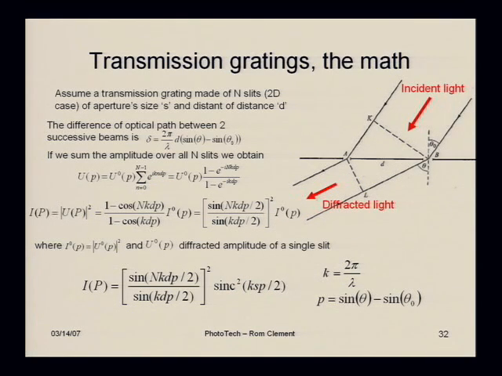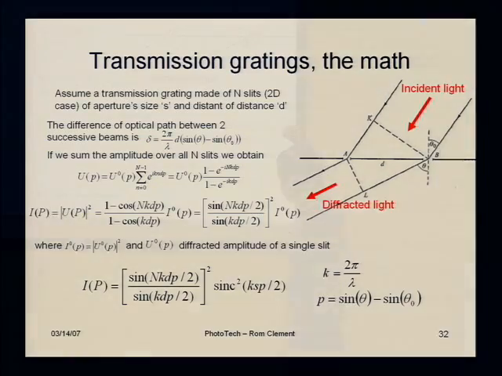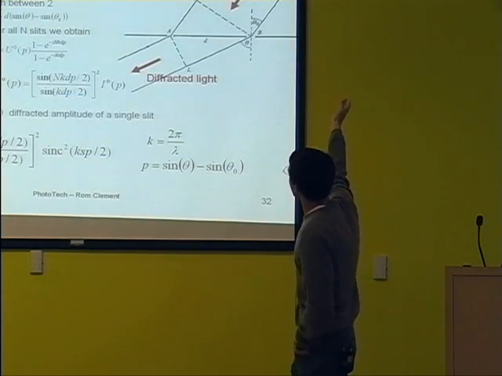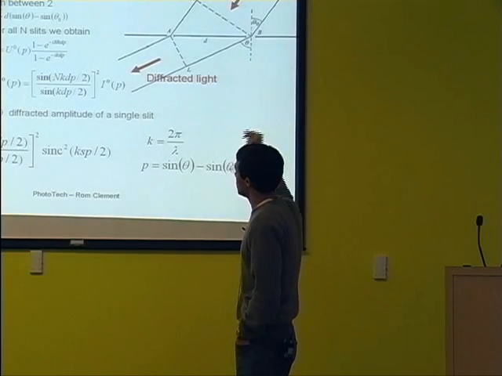If I'm just considering two beams, because the second beam will go through a different slot, I introduce a difference of optical path, delta, which is proportional to the distance between these two slots, but also proportional to the difference between the incident beam and my diffracted beam.